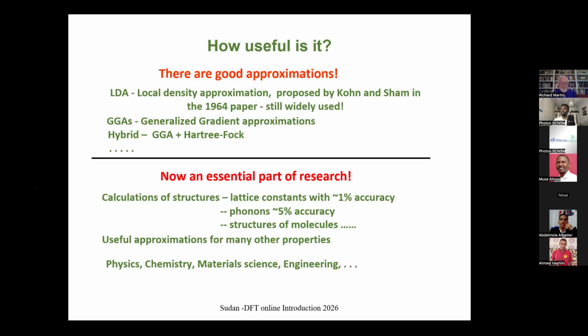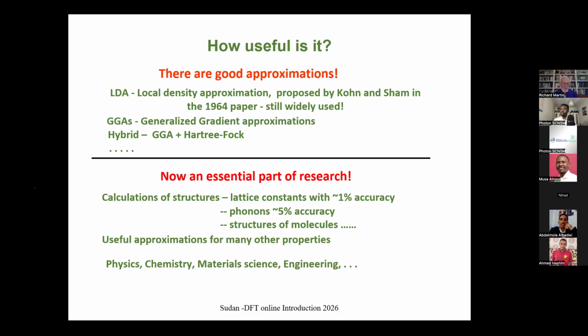The first step that showed it was useful is that you could predict the lattice constants of crystals with astounding accuracy, like 1%. You could predict how the atoms would vibrate, like a few percent accuracy.